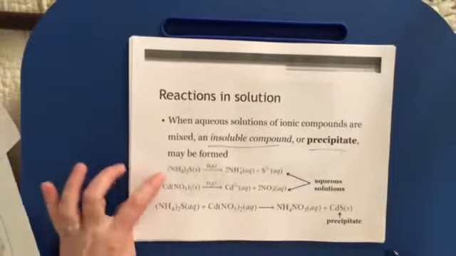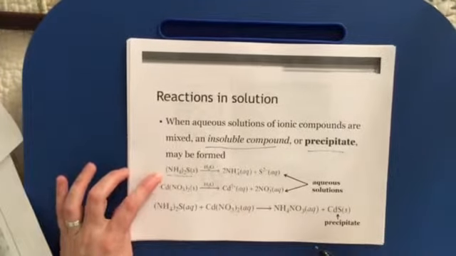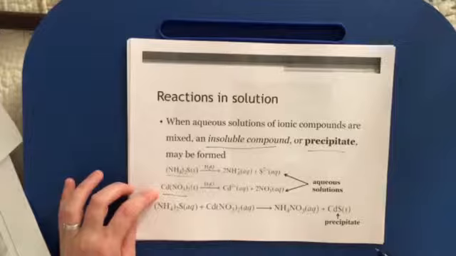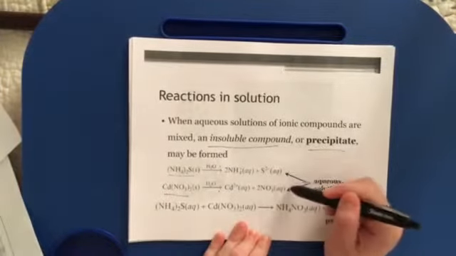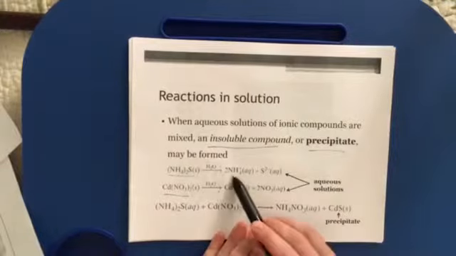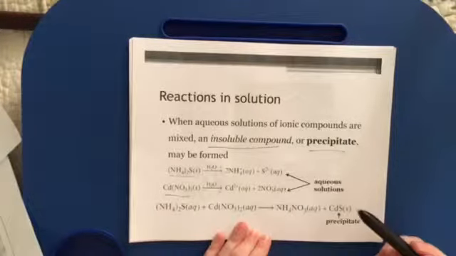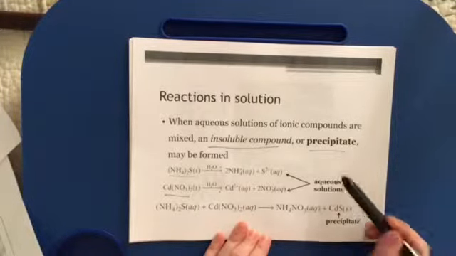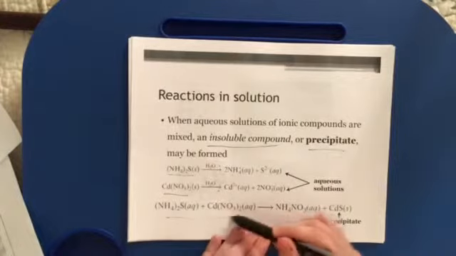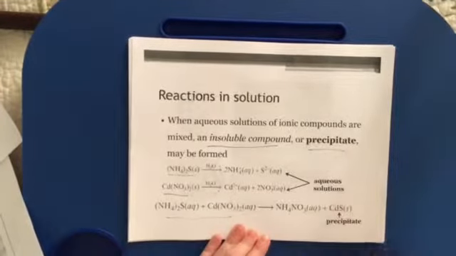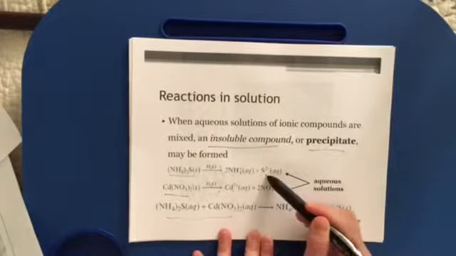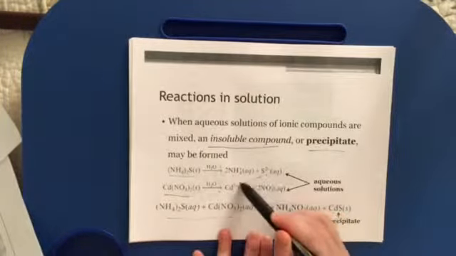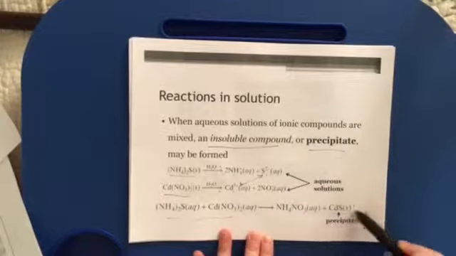For example, if we have ammonium sulfide and cadmium nitrate, when you put those in water, you have two aqueous solutions. You've got these ions surrounded by water molecules in the solution. When you mix them together, though, a precipitate will fall out, because the cadmium sees the sulfide, and when these react together, they form a precipitate.